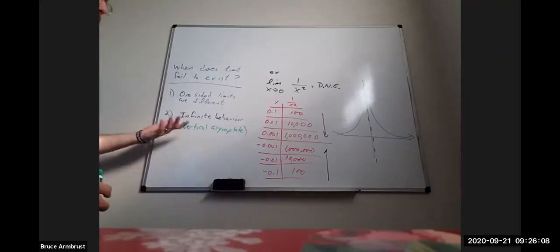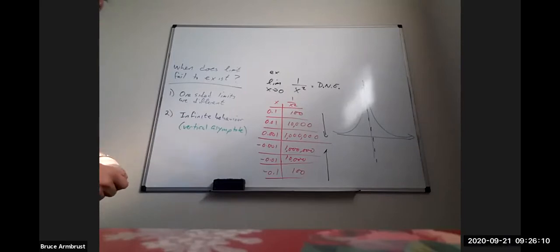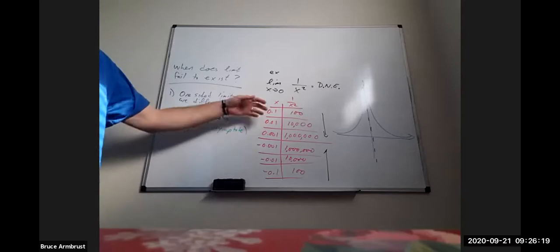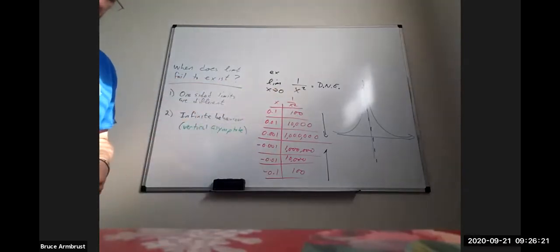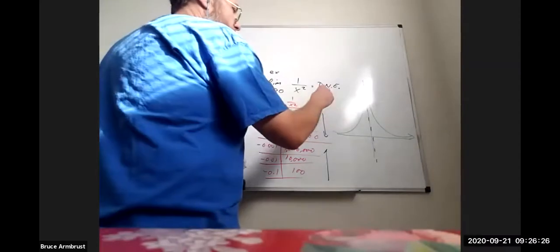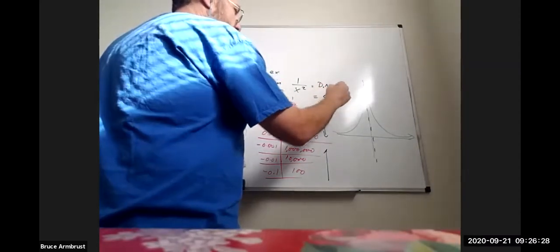So another time that the limit will not exist is with infinite behavior. But this is one place where mathematicians will still write what the limit equals. Even though it doesn't exist, what you'll see mathematicians write is infinity.